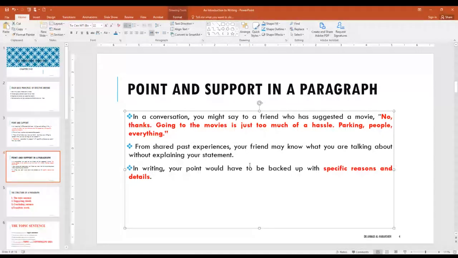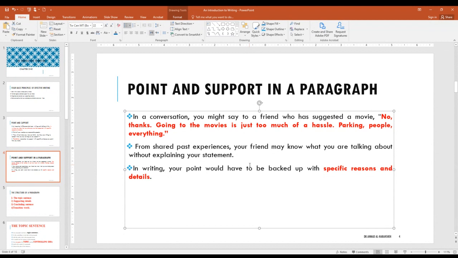When I'm saying that, and wallahi, I don't like to go to the movies because of parking, that means I have to explain. And wallahi, it's hard to find a parking, especially on Friday nights or Saturday nights, because the mall will be full of people, and it's hard to find a parking.